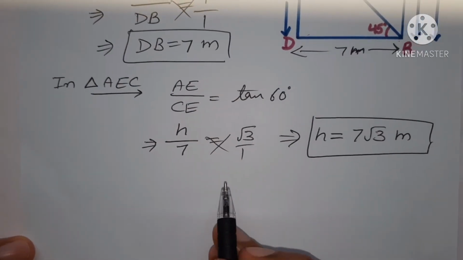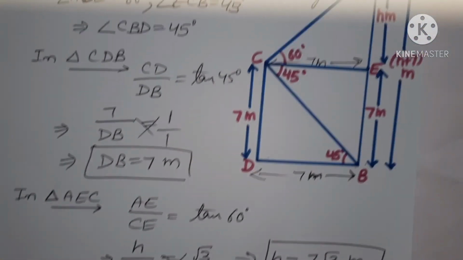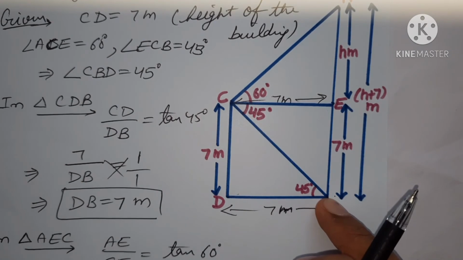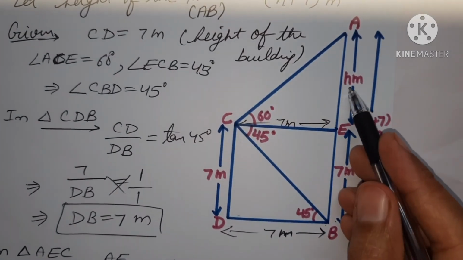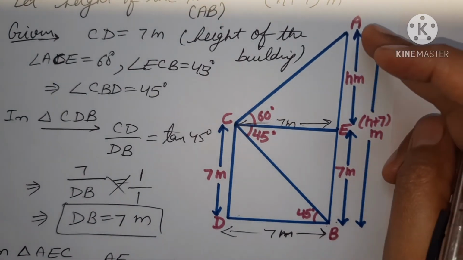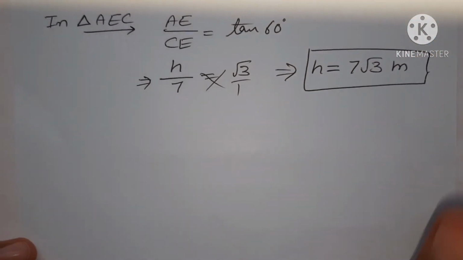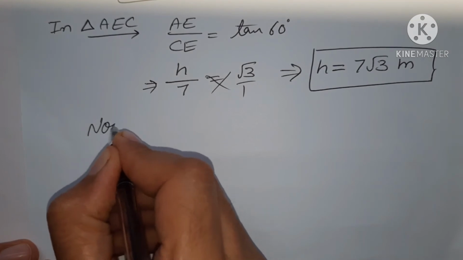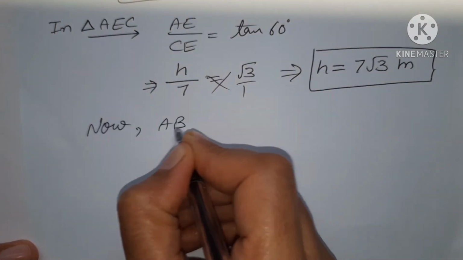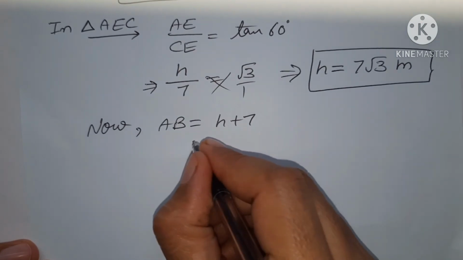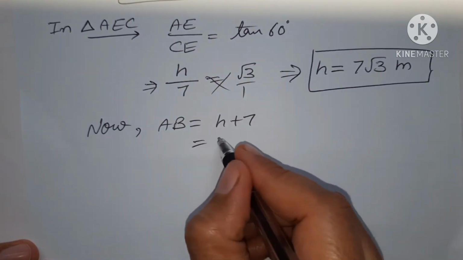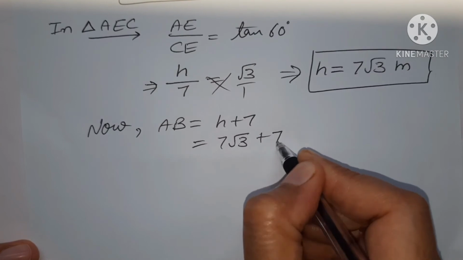So finally we have to find out the value of AB. We already got the value of H here, so we will put the value of H. So we will find out the height of AB. Now we will write AB is equal to H plus 7 it was. So the value of H is 7 root 3, 7 root 3 plus 7.